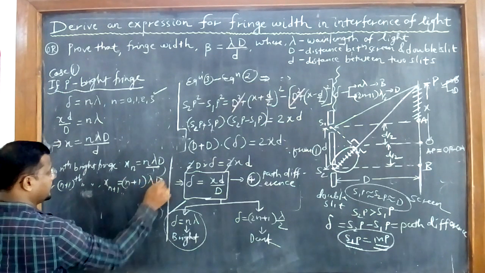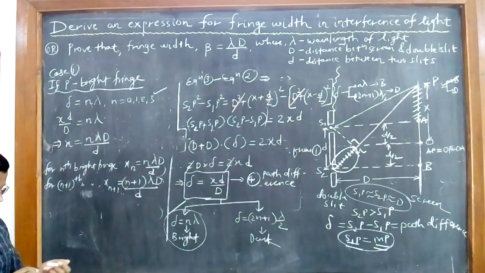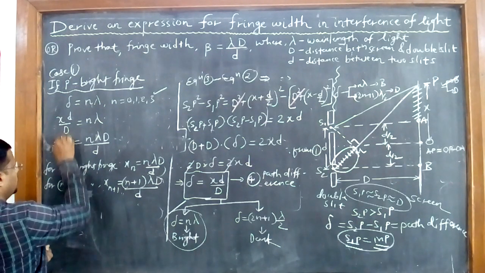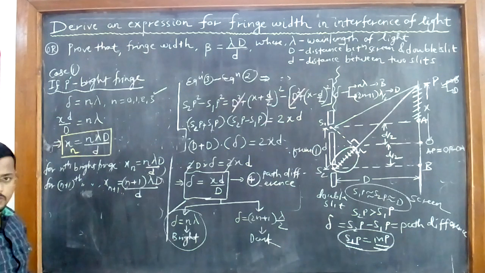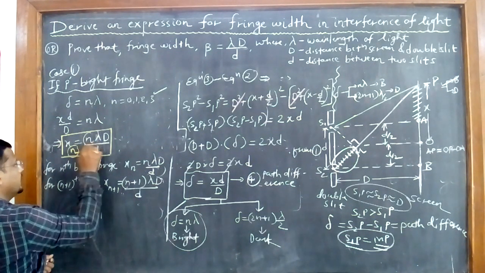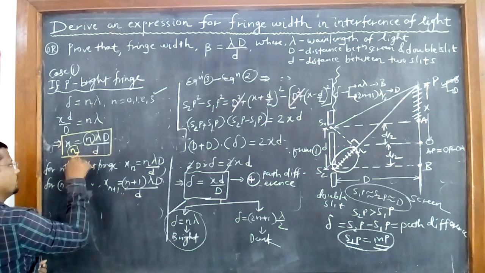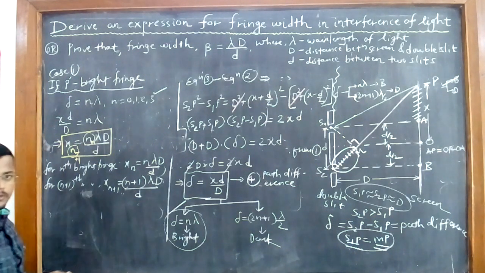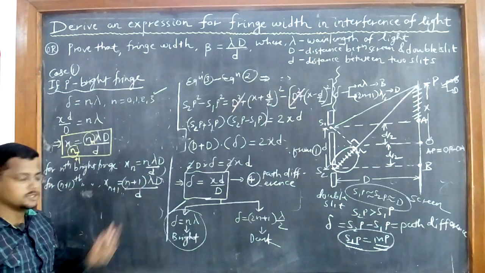Understood? My expression is xn is equal to n lambda capital D by small d for the nth fringe. The moment I write n plus 1, I have to replace n with n plus 1 only. So xn plus 1 is equal to n plus 1 into lambda capital D by small d.